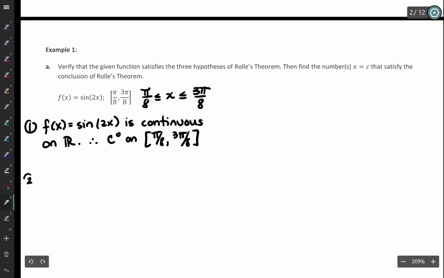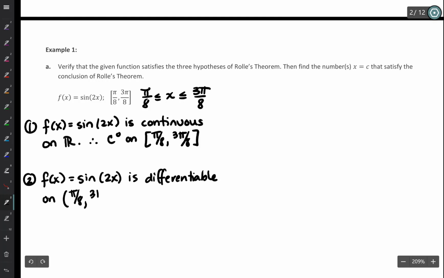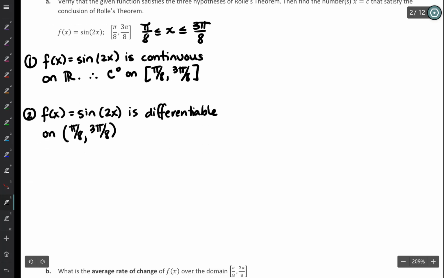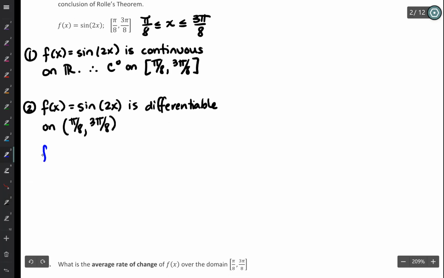The second hypothesis is that the function is differentiable on the open interval, pi over 8 to 3 pi over 8. In fact, this function is differentiable on all real numbers. The derivative of sine 2x: the derivative of sine is cosine of that stuff, chain rule, times the derivative of 2x, which is 2. F prime of x is 2 cosine 2x.